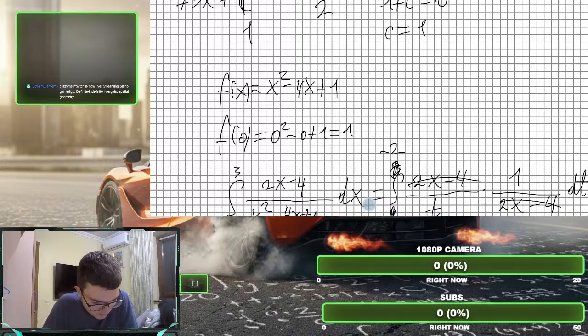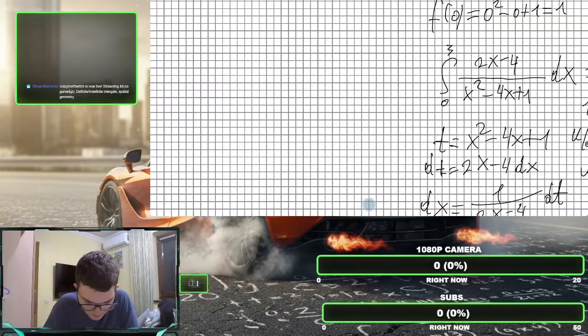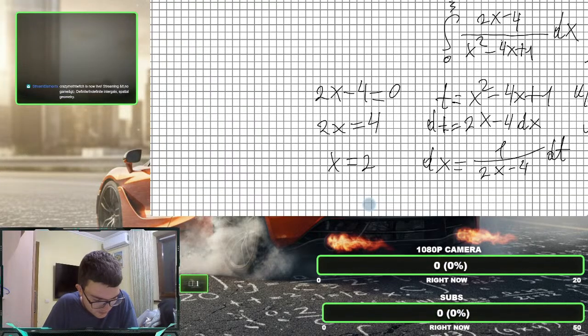The value of a derivative. So the derivative of t is 2x minus 4 equals 0. So 2x is equal with 4, and x is equal with 2. How did it get the minus 4 value?